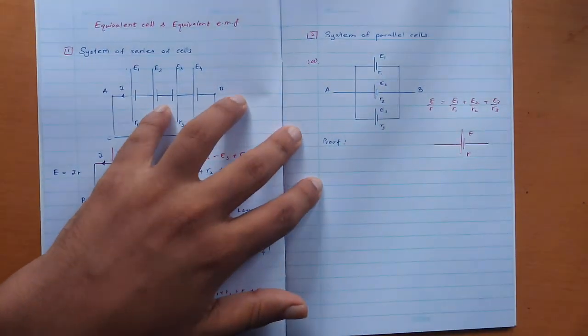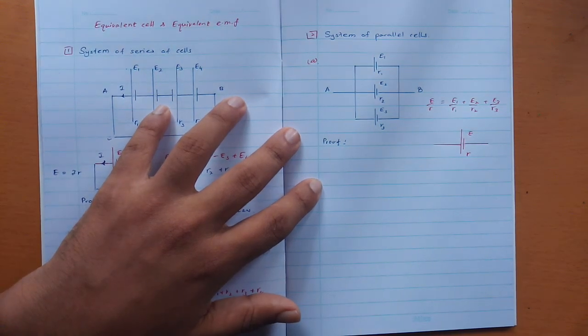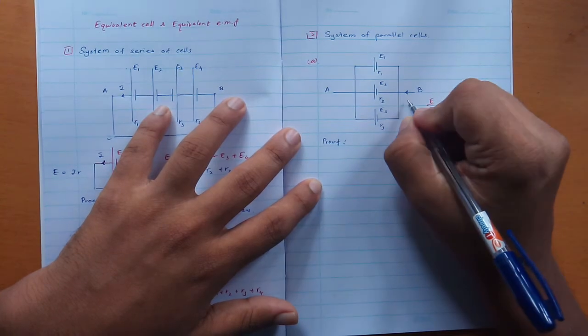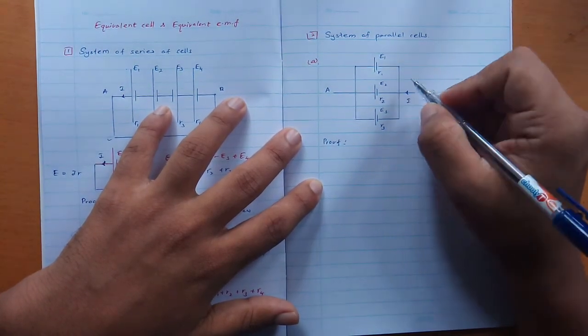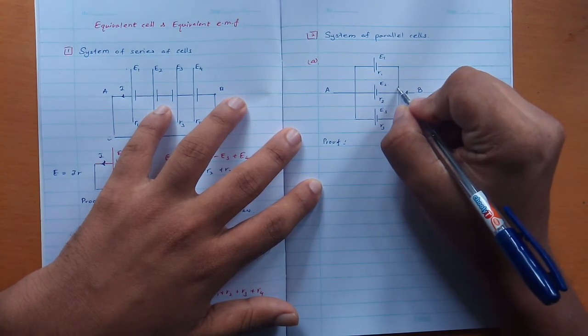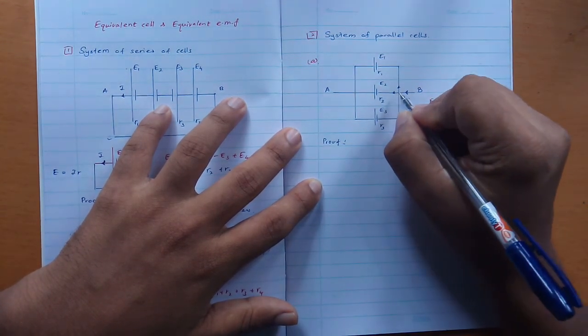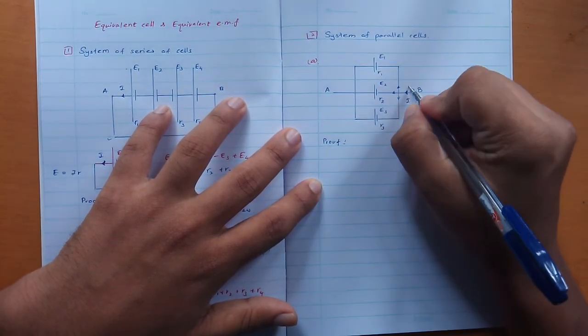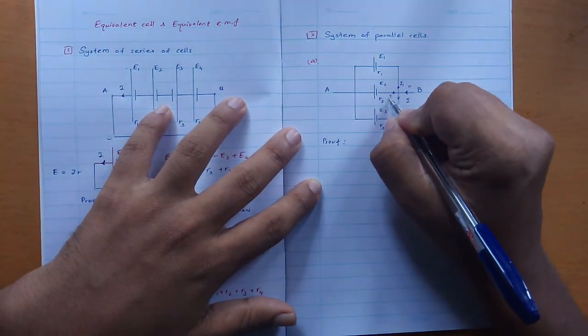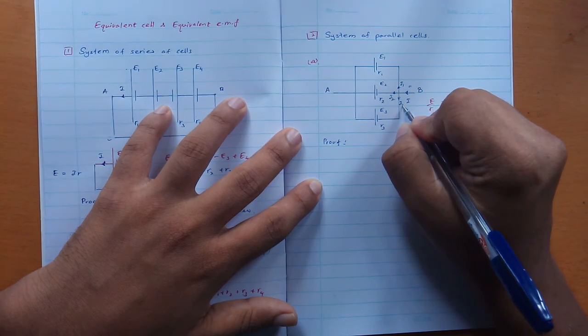Now to get to the proof, the one thing we want to understand is, if I send a current I here, this current I will be divided into three directions, or into the three wires. So here the current I1, let's say, this is I2 and this is I3.